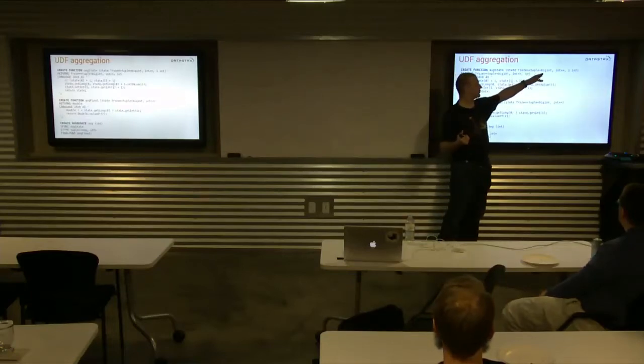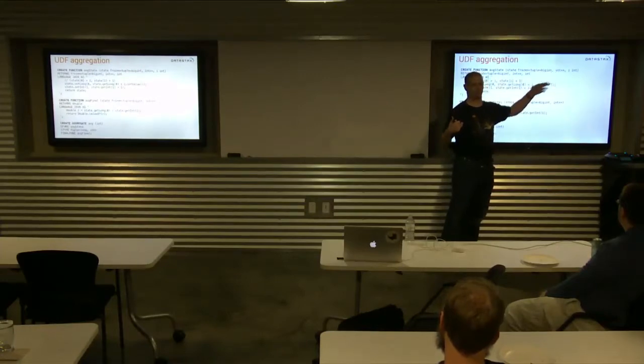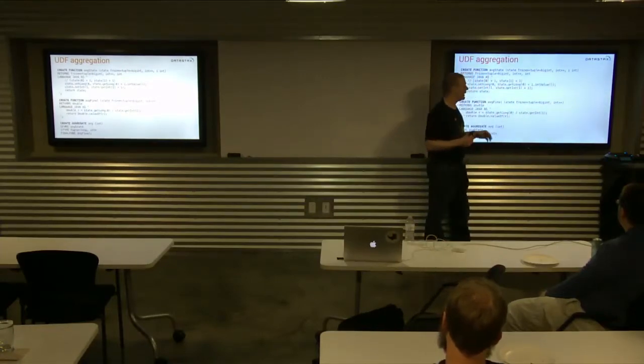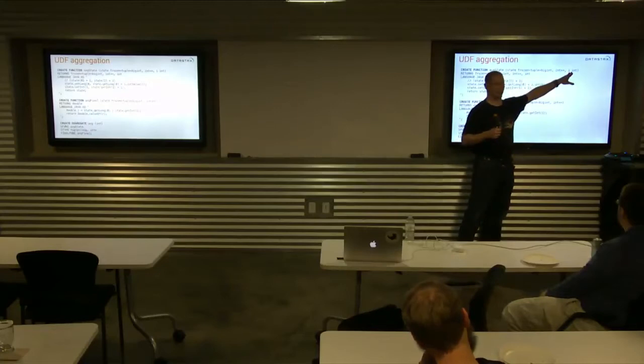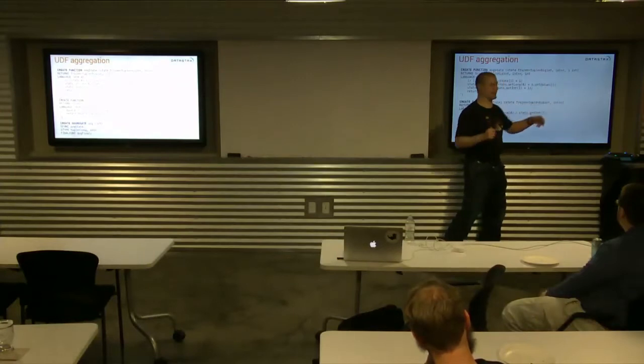So my state is going to be first the sum, and since I'm summing integers, my sum can be larger than an integer, so I use a big int, and then the count of the integers that I'm summing together. And then the second parameter is what am I aggregating together? I'm going to aggregate a new integer into my state.